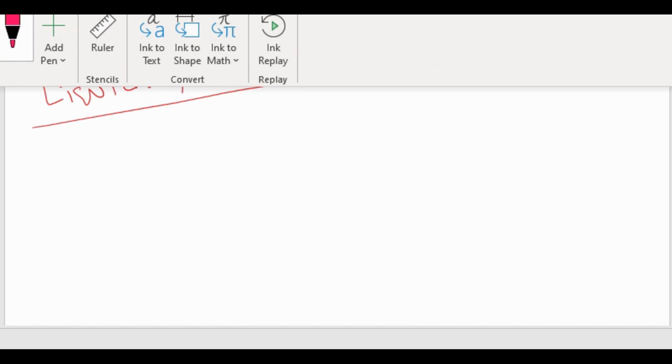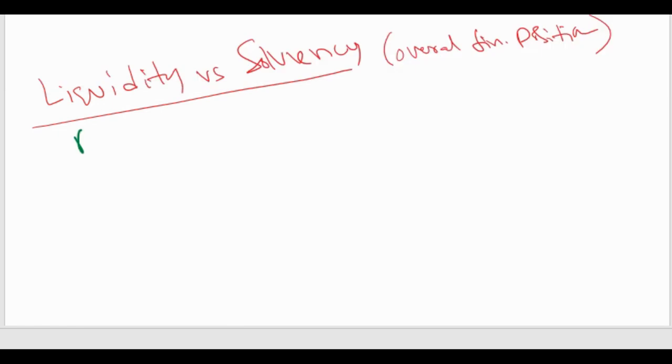You have some assets and then you have some liabilities, correct? Liquidity talks about short term and solvency is long term. So let us take both categories and then check.